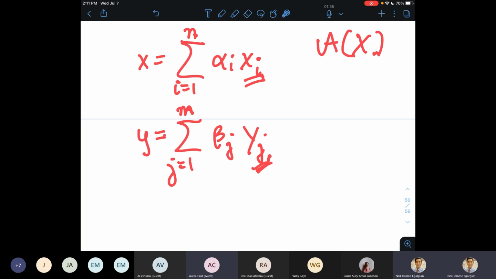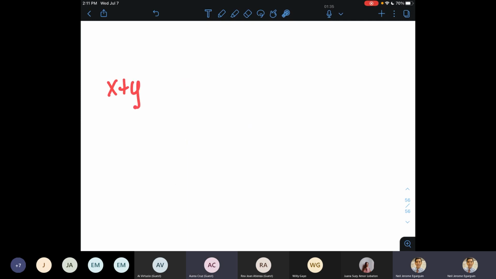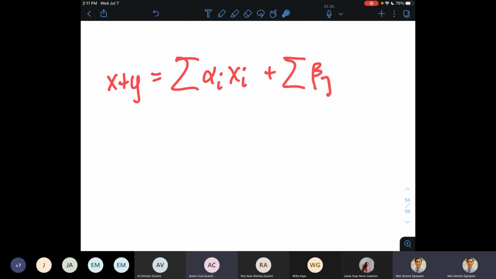And none of them might necessarily give me the zero vector. So posibleng ganun. But if you take the sum, ito yung isang expression para sa sum nila, right? By just adding the two sides of the equation that we have before.